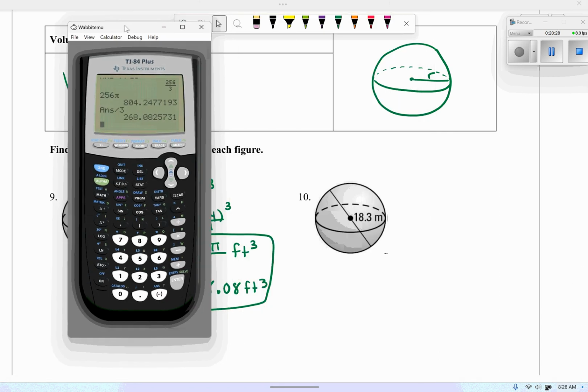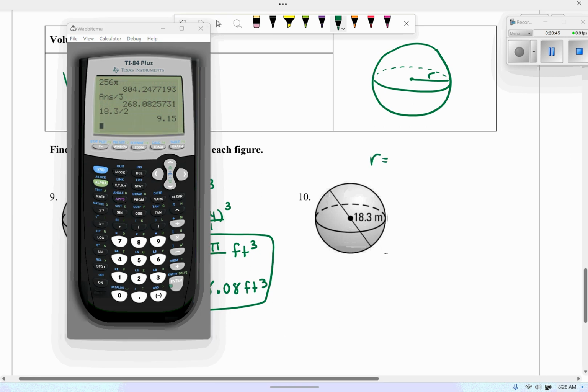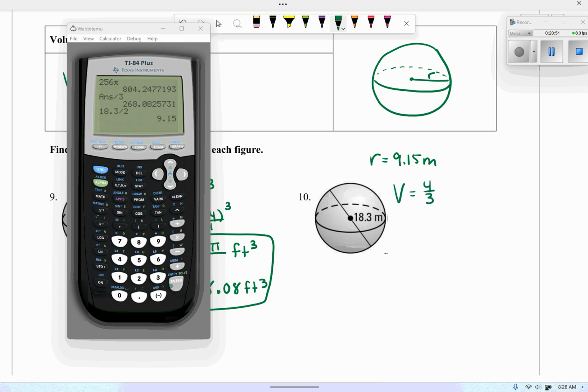So for this one over here, again, notice that the 18.3 is in the middle right there. So that means they're using that for the diameter when that happens. So remember that the radius is going to be half of that. So 18.3 divided by 2 gives us 9.15. So the radius equals 9.15 meters. So the volume equals 4/3 pi times 9.15 cubed.